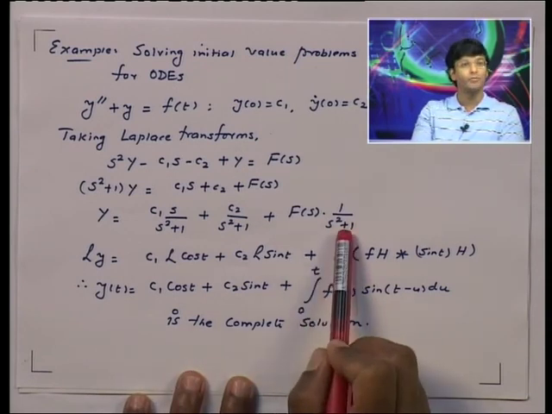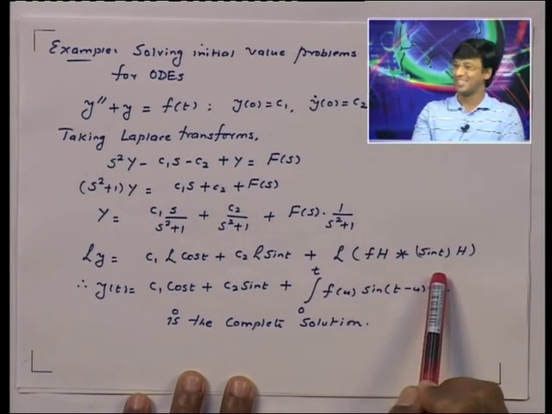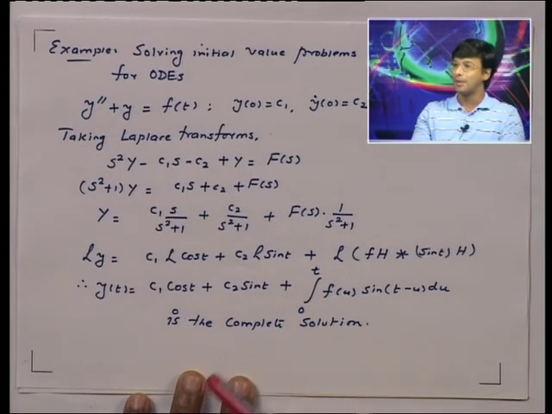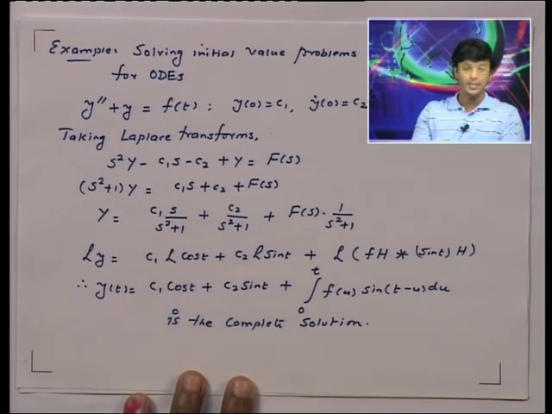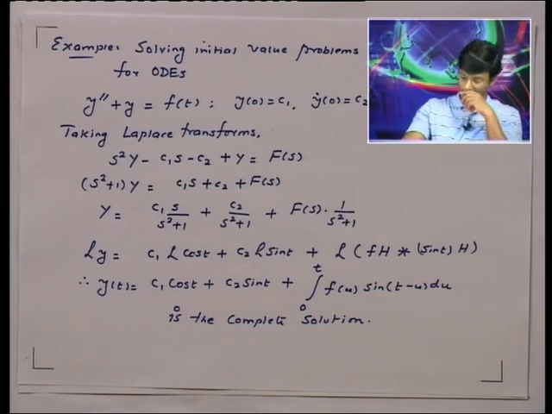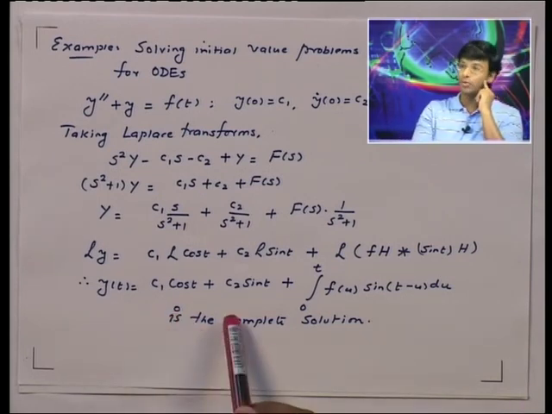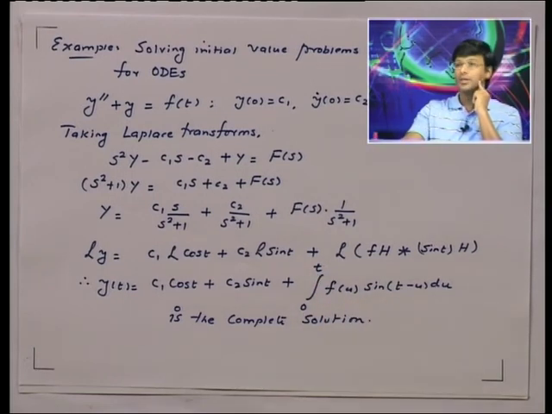It is the product of two Laplace transforms, which is the Laplace transform of the convolution by the convolution theorem. So each of these is a Laplace transform, and the Laplace transform is a linear operator. So it is the Laplace of C1 cos t plus C2 sin t plus F star sin t. So y of t equals C1 cos t plus C2 sin t plus the integral from 0 to t of f of u sin of (t minus u) du, which is a complete solution.